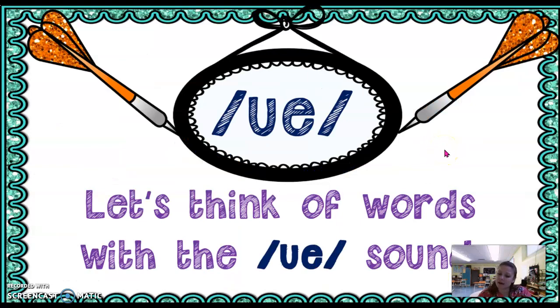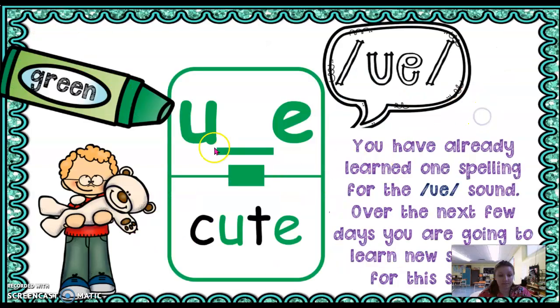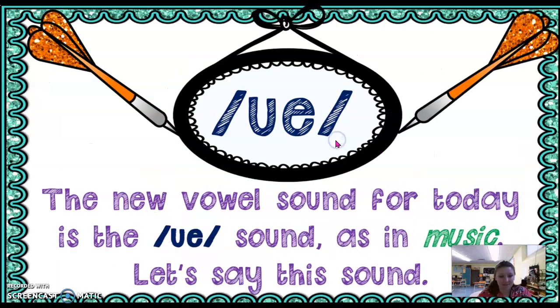But let's think about words that use the long U sound. This is one spelling that we've learned already for the long U sound, and we're going to learn some new spellings for this sound also. The one we've already practiced is U consonant E, also known as a magic E. The new vowel sound for today is the long U sound, as in the word music.